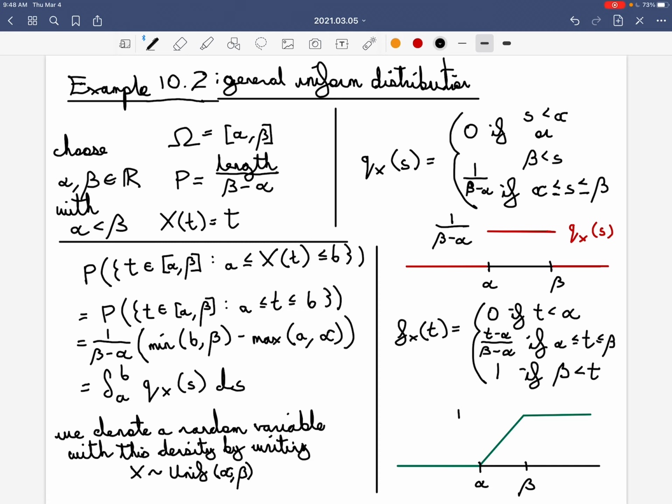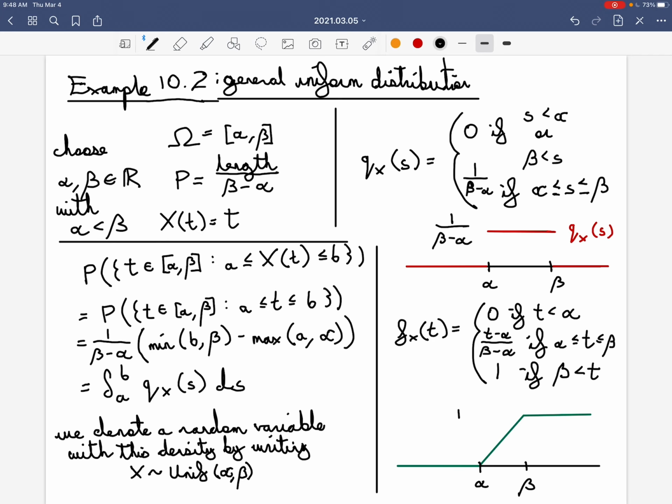And in order to get a correct probability that satisfies the axiom of certainty, we can't just take length, because if we take length as our probability, we're going to violate the axiom of certainty unless beta minus alpha is equal to 1, because the length of the whole sample space would be beta minus alpha. So instead, we're going to say that probability is length normalized by the total length of the interval.